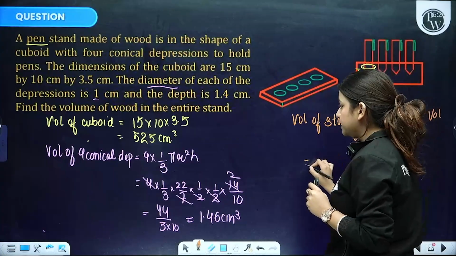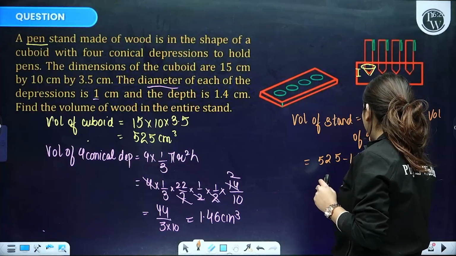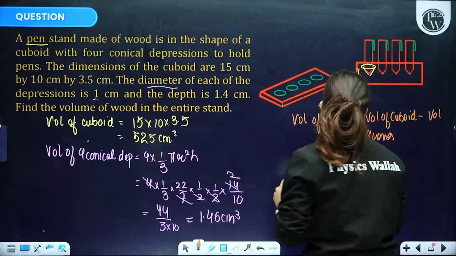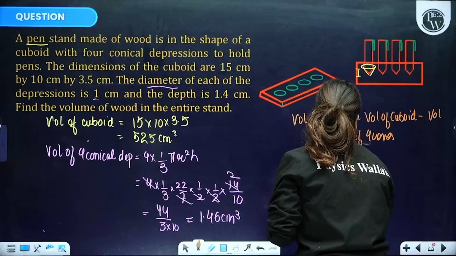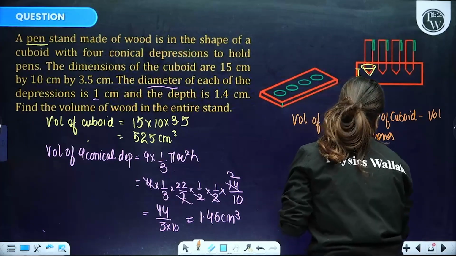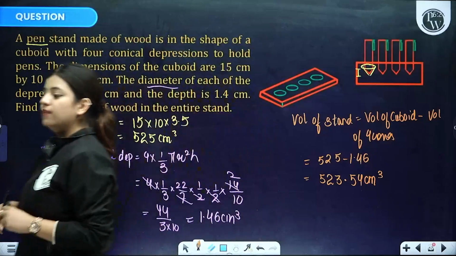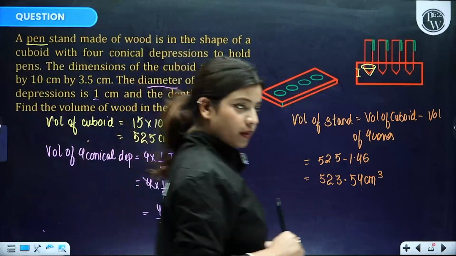So it is just that 525 subtracted by 1.46, right? So you will be left with 523.54 centimeter cube. And this will be the final answer for this question. I hope that this is clear with everyone, right?